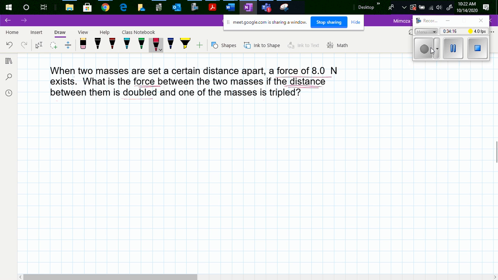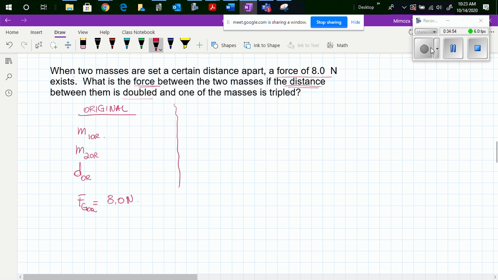So we don't know what is mass, we don't know what is the distance, but what we know is that in the first situation, the original situation, we have a mass 1, a mass 2, and a distance, all original. And as a result of this setup, the force of gravity, original, is 8.0 newtons.